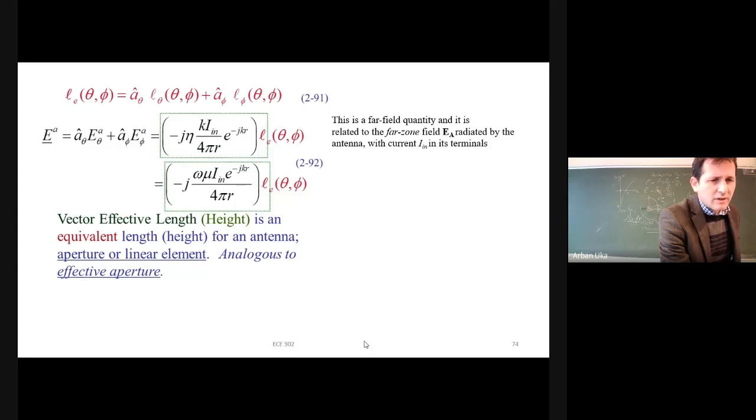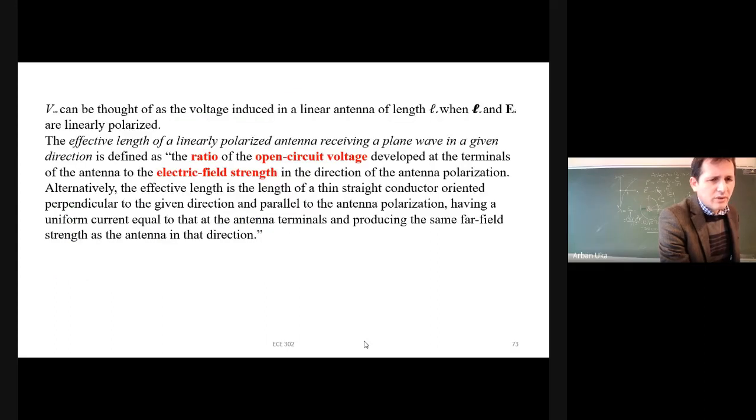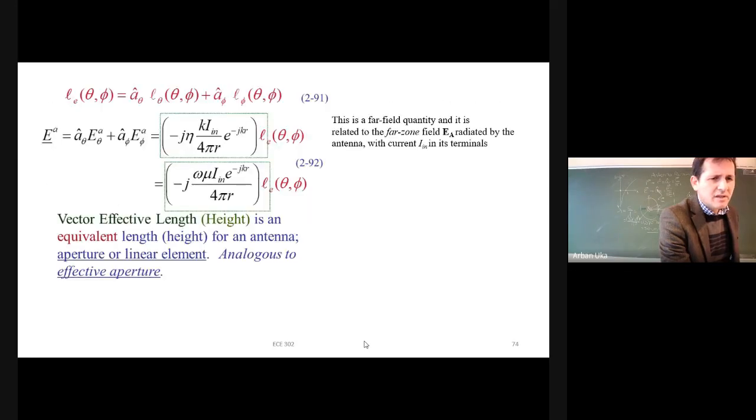So another thing that we can add here when we discuss the effective length scale of antennas is that in the far field region, the electric field can be described. Now we're discussing the parameters of the antennas.